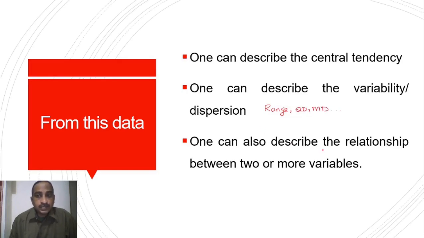One can also describe the relationship between two or more variables, for which you can use correlation, regression, and some other statistical measures also.